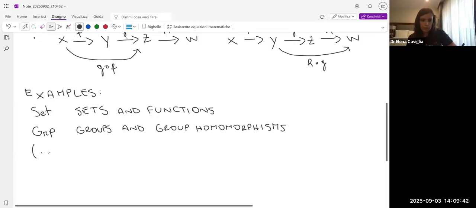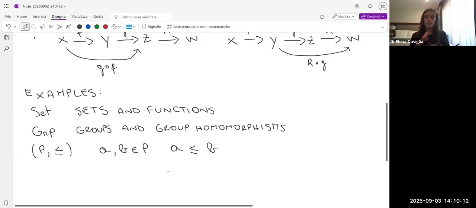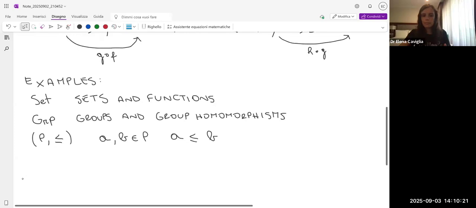So we have a set P with an order relation, and this is a category in which the objects are simply the elements of the set, and if we have, say, A and B in P, an arrow between A and B is the property that A is less or equal than B. So between a pair of 2 objects, we only have 1 arrow if it exists, otherwise we don't have any. So it's a different kind of example category. But we have many more examples, of course.